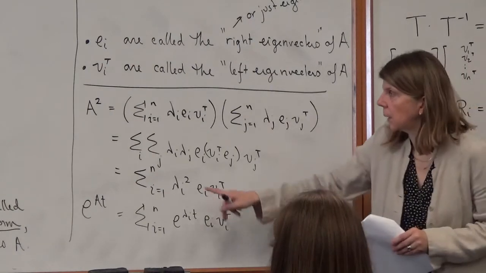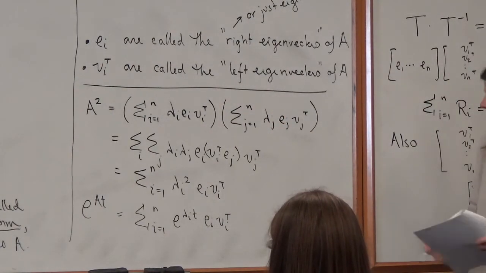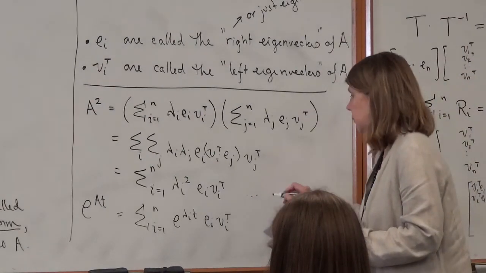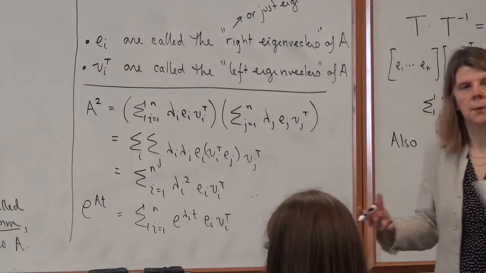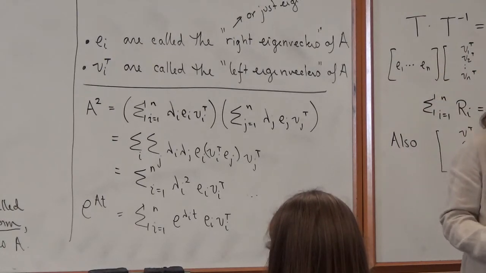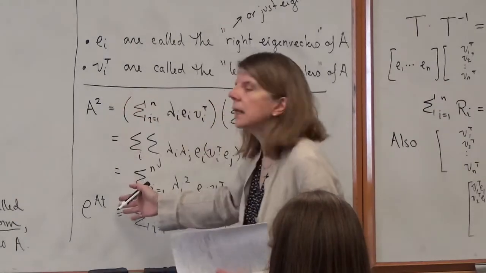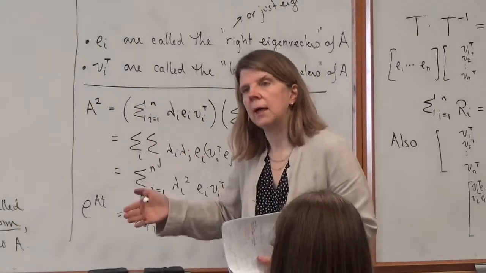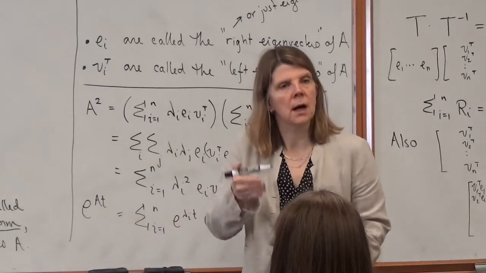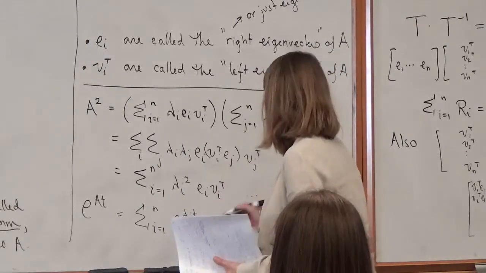This holds when A has n linearly independent eigenvectors. This is really nice, right? So what we can show through this elemental representation of a matrix in terms of its dyads is that the eigenvalues of f of A are f of lambda i, where lambda i are the eigenvalues of A.